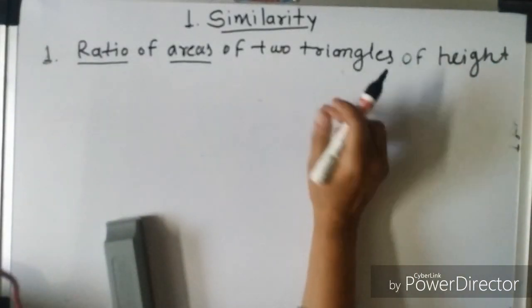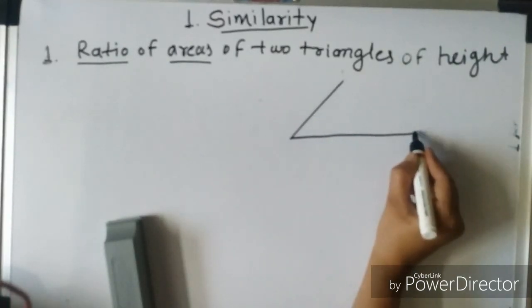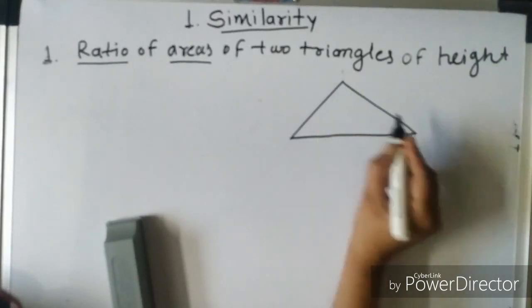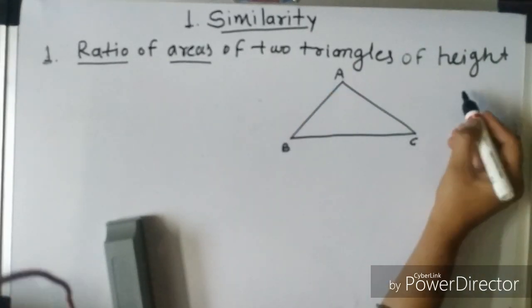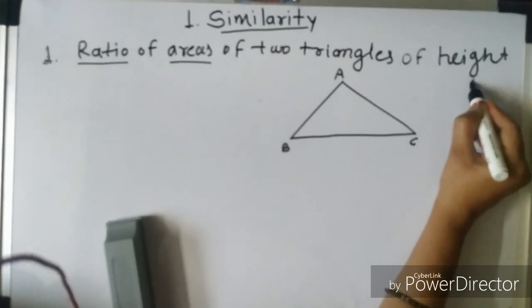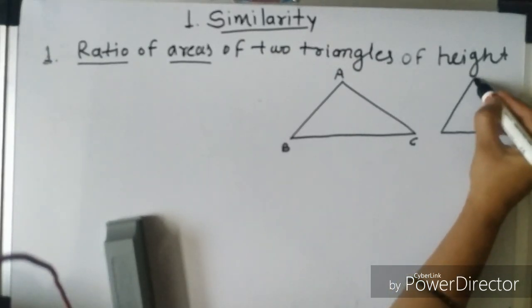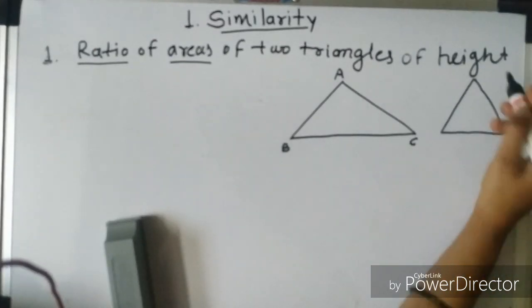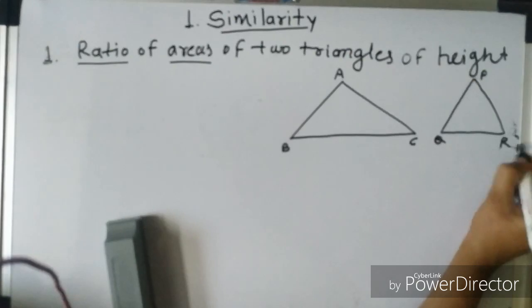Consider the triangles: this is triangle ABC and the second triangle is PQR.